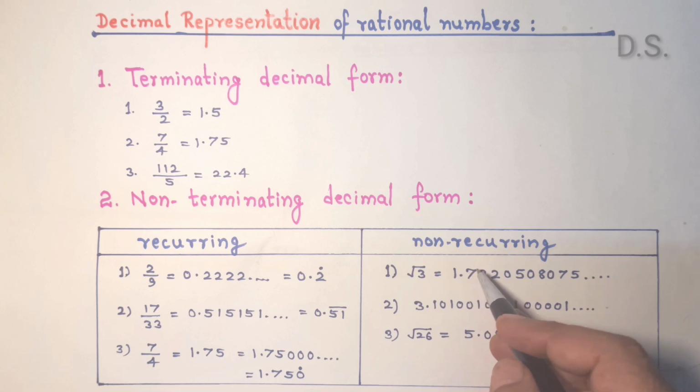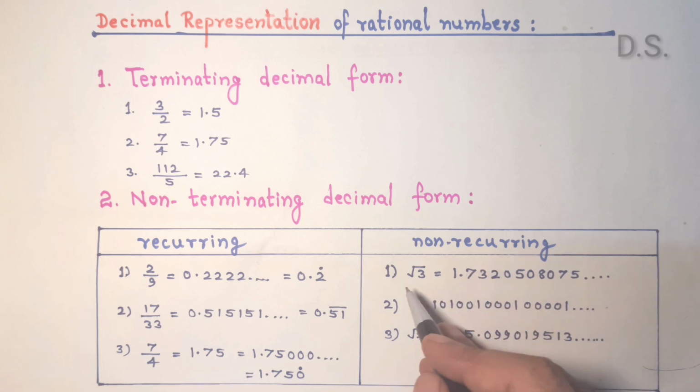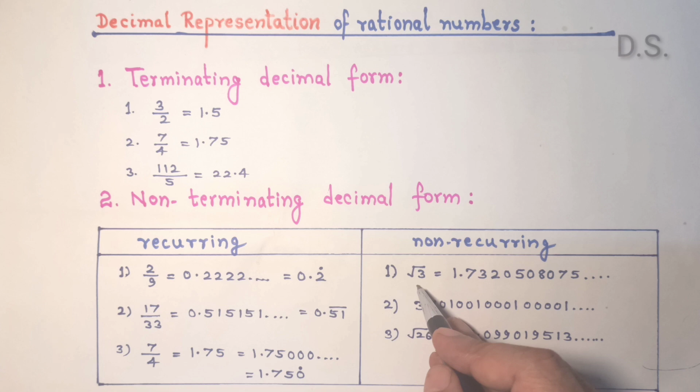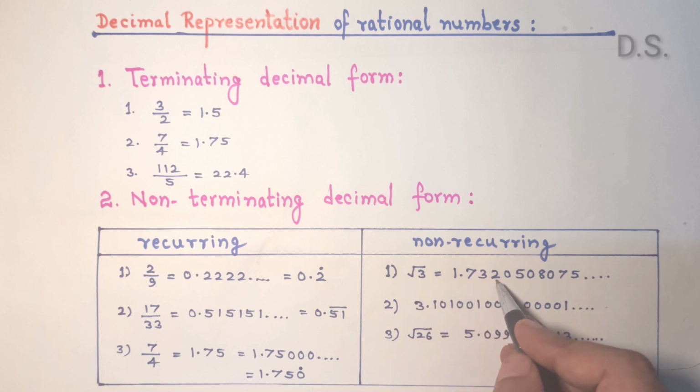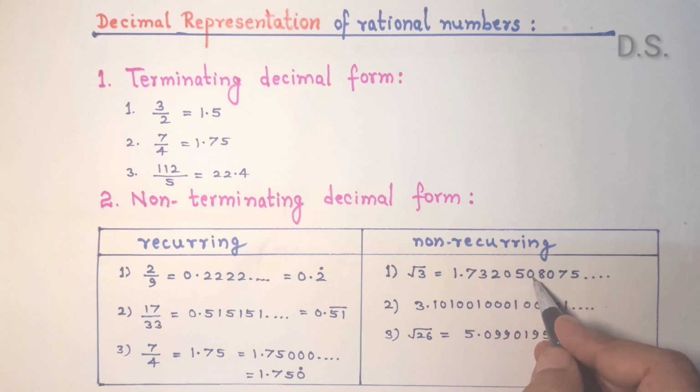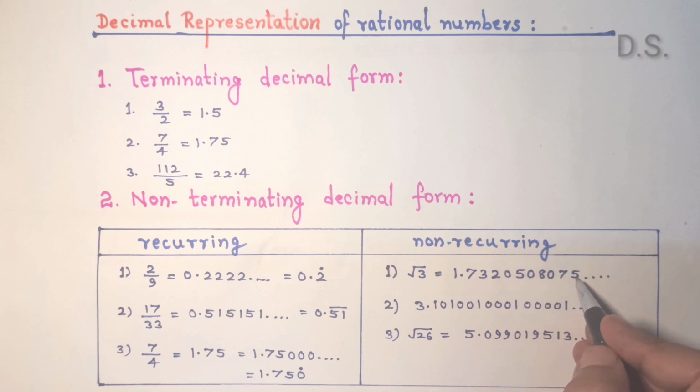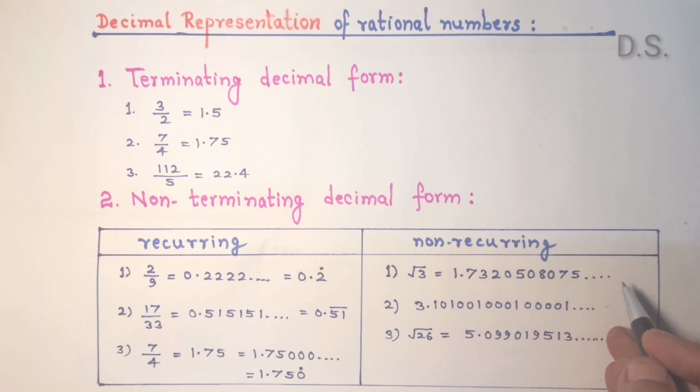Let's come to non-recurring form. Take first example, root 3, which will be equal to 1.7320508075 and so on. That means here no numbers are repeated.